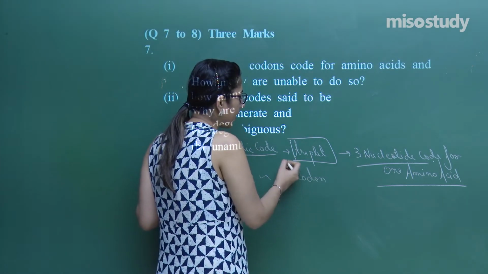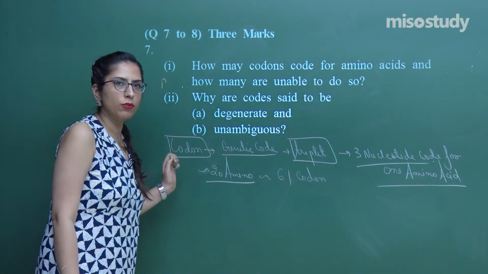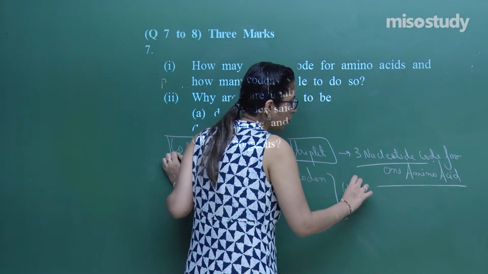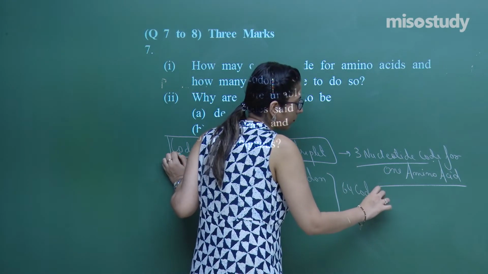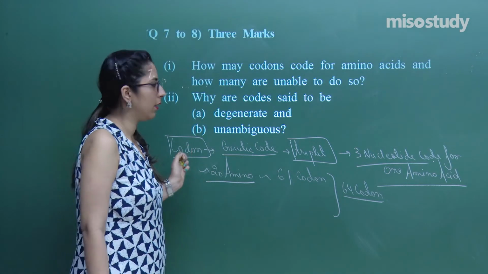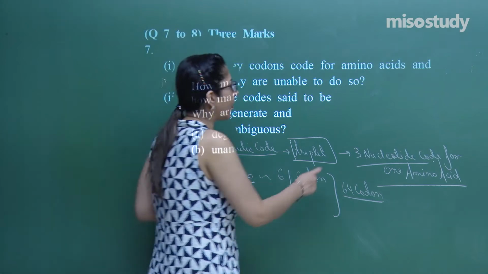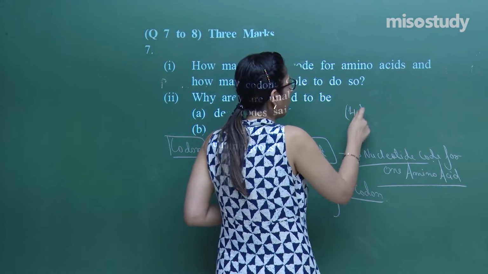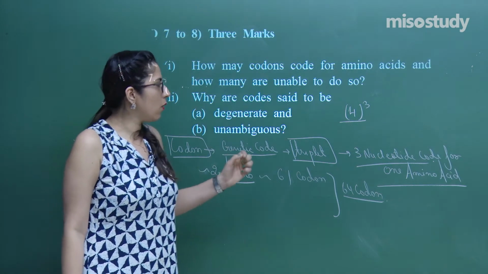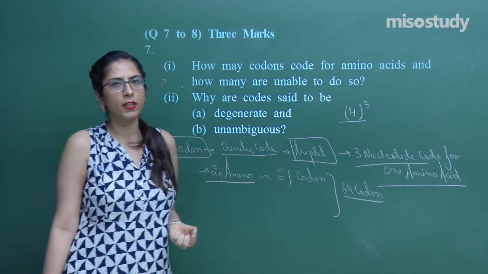If I give the correct data, that is around 61 codons. In total there are 64 codons. It is calculated with the help of a formula, 4 raised to power 3. How? Because we know there are 4 different nucleotides.